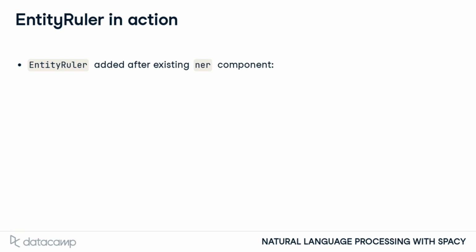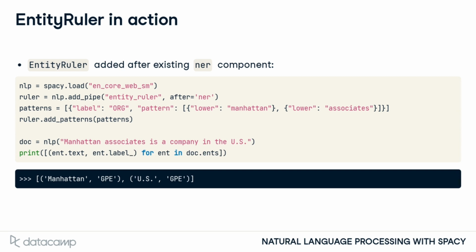If we add the ruler after an existing NER component by setting the after argument of the .add_pipe method to NER, the entity ruler will only add entities to the doc.ents if they don't overlap with existing entities predicted by the model. In this case, the model tags Manhattan with an incorrect GPE type because the ruler component is called after the existing NER or entity recognizer component of the model.